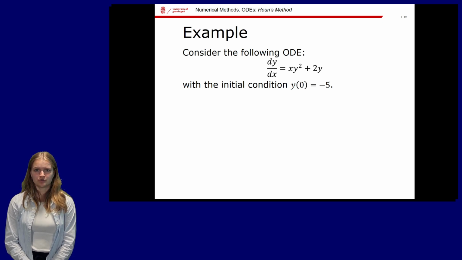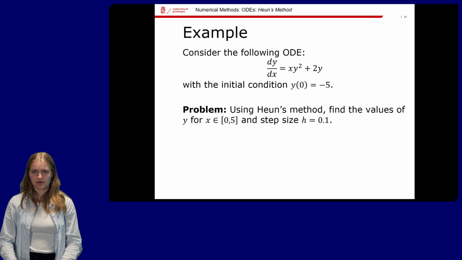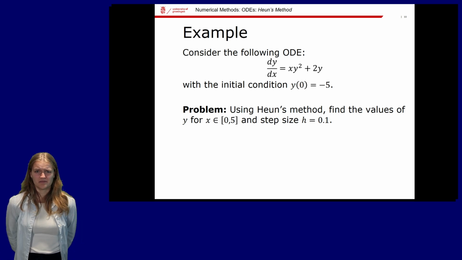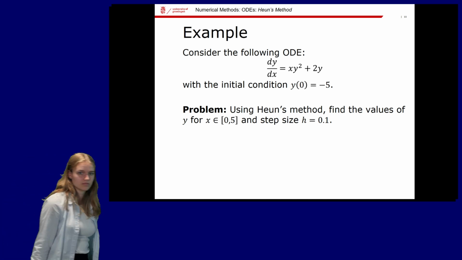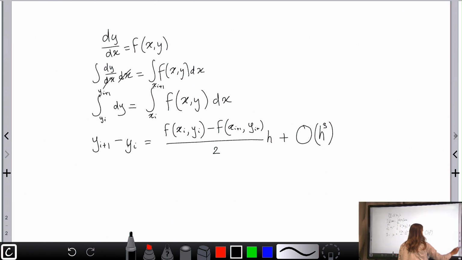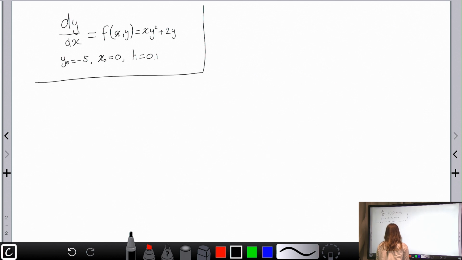And now we want to solve this differential equation numerically, so using Heun's method, we want to find a solution for y, and we want to find it over the domain of x ranging from 0 to 5, and we will use step size h is 0.1. So we have this function f, and these values of y0, x0, and h.